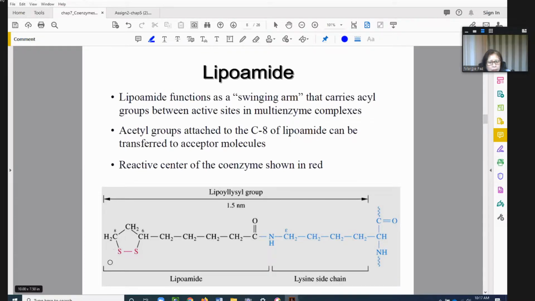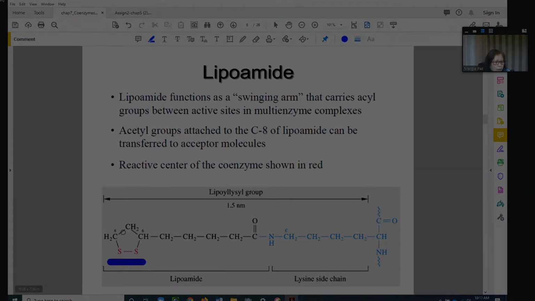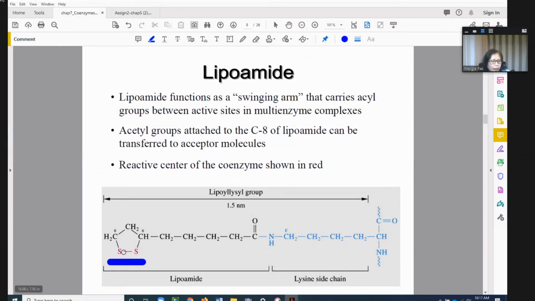So this here is the reactive center. To remember the structure of lipoic acid, remember that it has two sulfurs on carbons 6 and 8 in a disulfide linkage that is shown here, and that again is the reactive group.